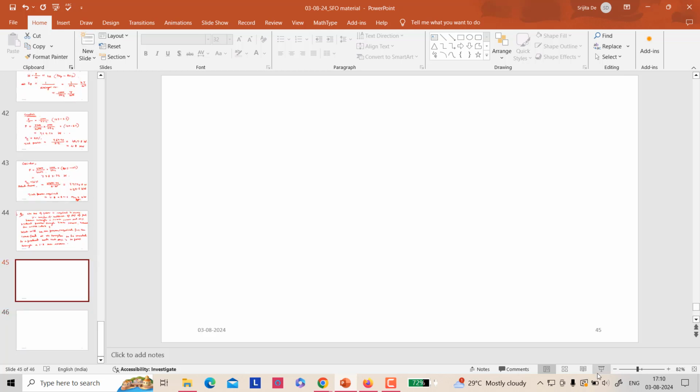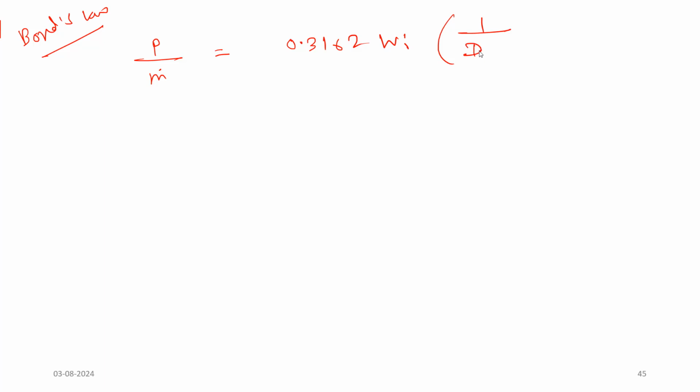So in the first part, everything is given. As per Bond's law, the expression is P by M equals 0.3162 work index, into 1 by root under D of product minus 1 by root under D of feed. Here P is 270 kilowatt, not per hour.